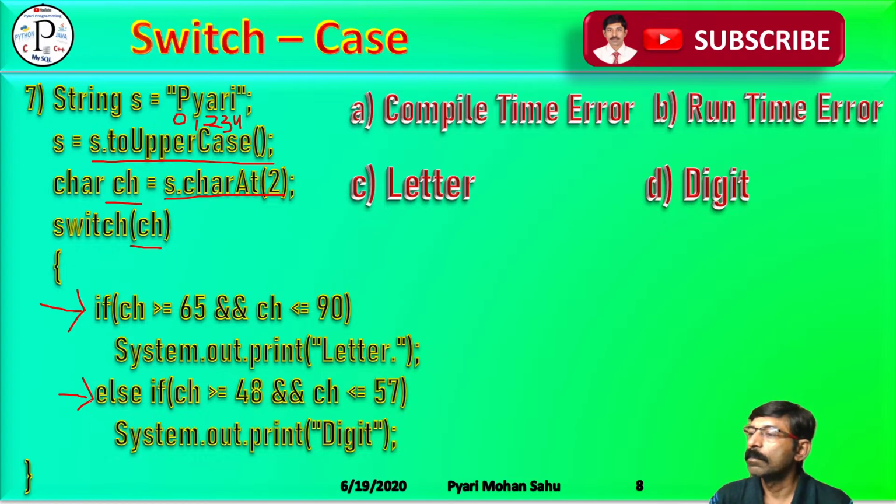Swagat Kumar, C, letter. Samir, letter. Swarup Panda, letter. Ashutosh, letter. Anyone else who wants to give the answer, otherwise I will give the answer. Yes, Swagat Kumar, understood, letter. Option C is letter. Should I wait for others or should I give the answer? If you want, quickly give me the answer.